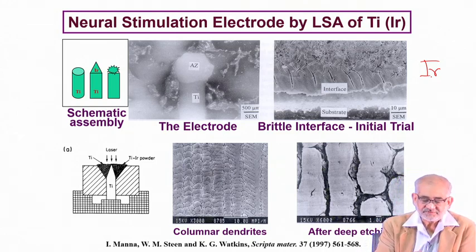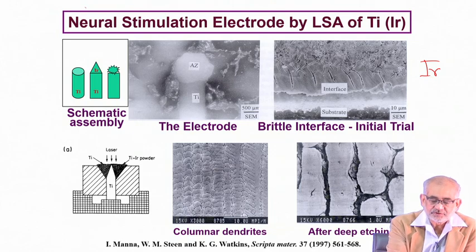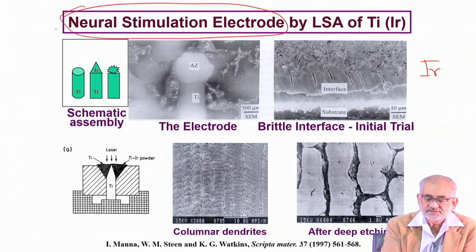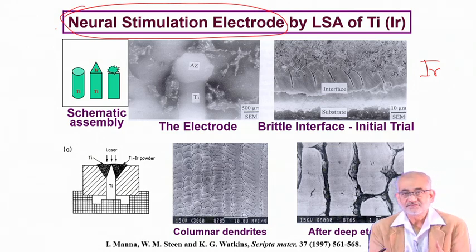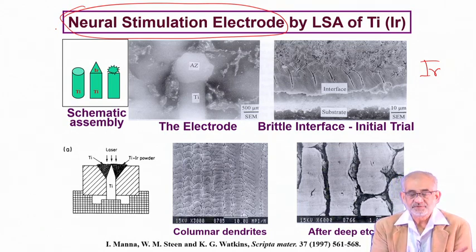But then for a specific application called a neural stimulation electrode, which is used as a substitute for defective neurons, for whatever reason, if certain bundles of neurons stop functioning or start malfunctioning, then it leads to very severe neurological disorders in human beings. And in order to rectify that, you need artificial neurons.